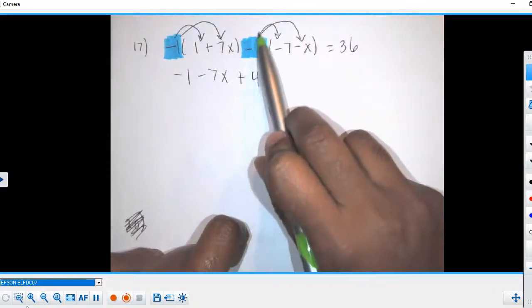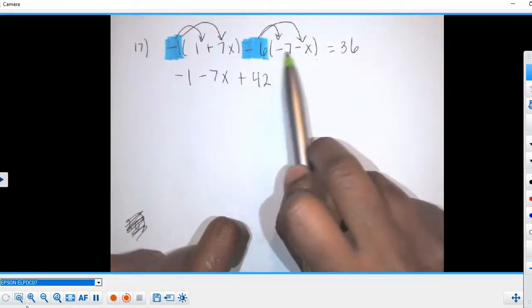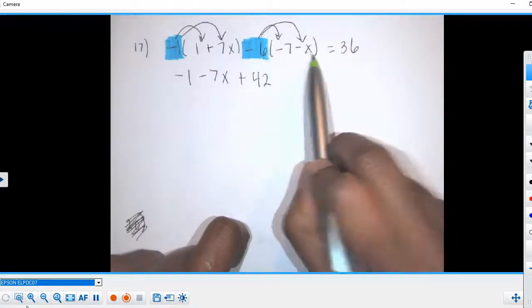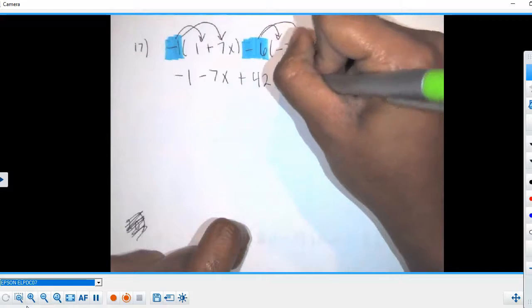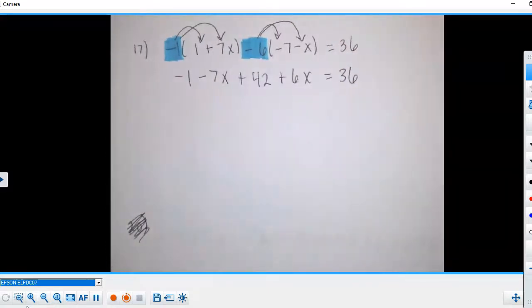Negative 6 times negative x. So this will be a positive 6x. Remember, negative times a negative is a positive, and then 6 times x is 6x. So positive 6x equals 36. Okay, so now you notice all the terms are basically on the left, so we have to do combining like terms.